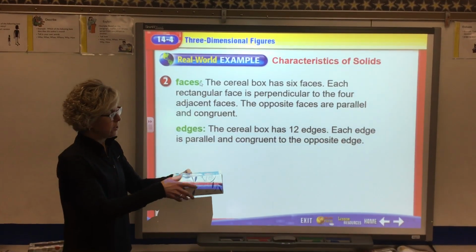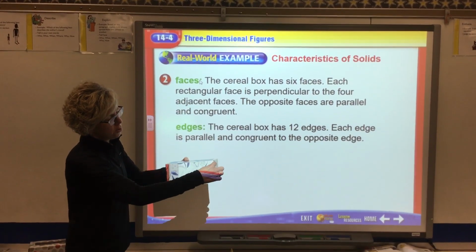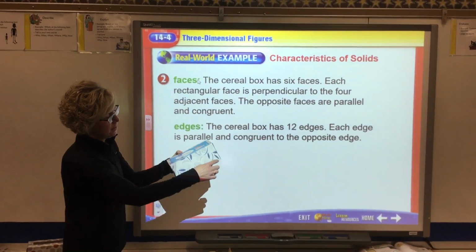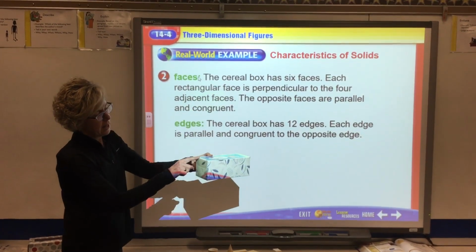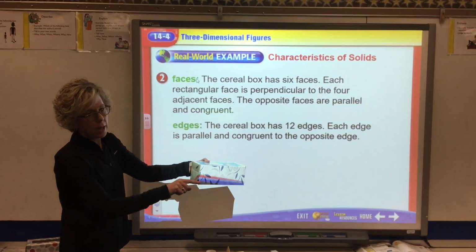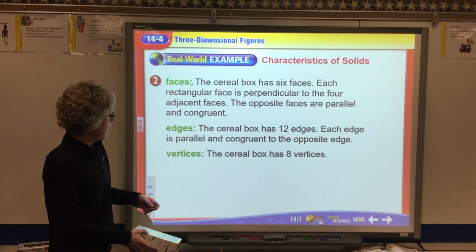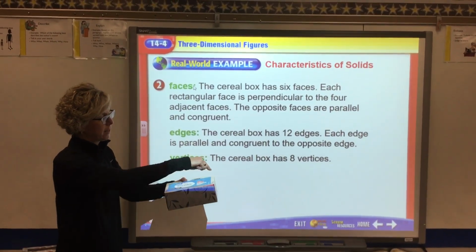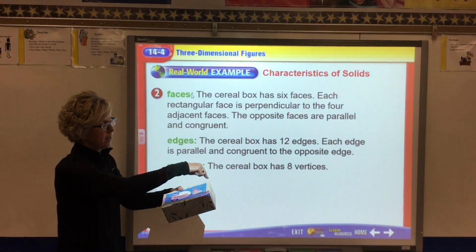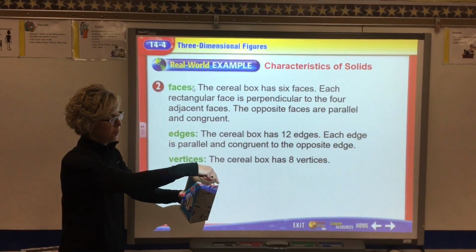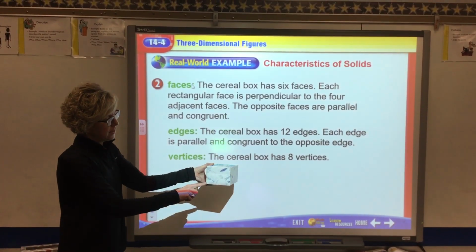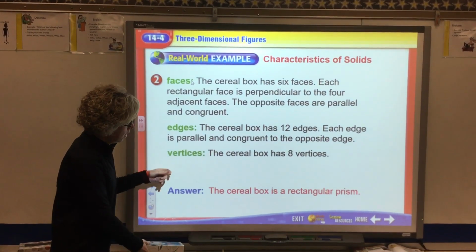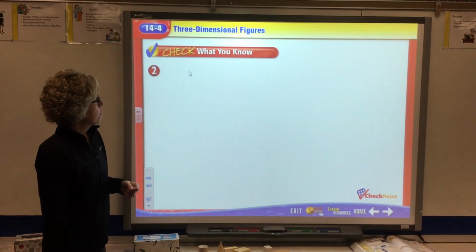Let's count those edges: 1, 2, 3, 4, 5, 6, 7, 8, 9, 10, 11, and 12. And then the vertices. It has 8 vertices. Those are those points, right? So 1, 2, 3, 4, 5, 6, 7, 8. Those are our vertices. And we said that's a rectangular prism.